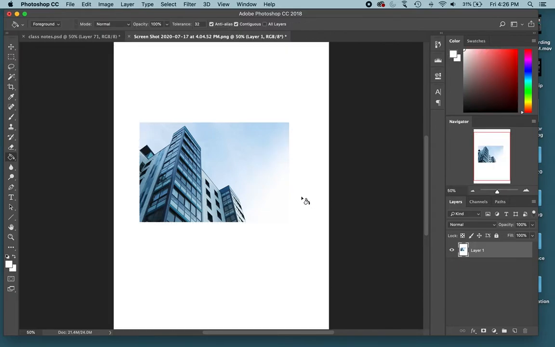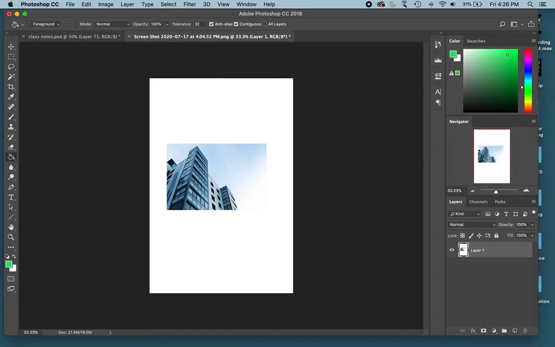Let's see. Let's just start following these lines here and see where they converge to. May need more space. Right about there. There you go. So there's all the vertical lines converging. Now where do all these ones? So okay, this is gonna have a really low horizon line.